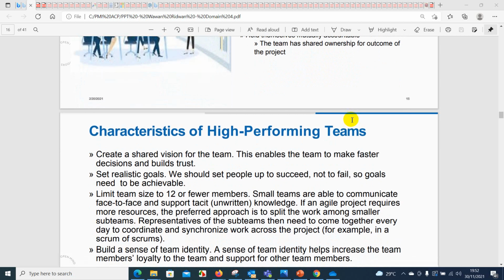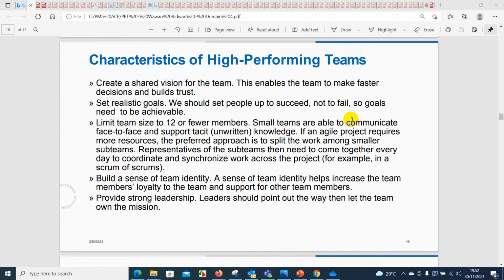Okay, characteristics of a high performing team. Create a shared vision for the team. This enables the team to make faster decisions and build trust. Then also set realistic goals, where we should set people up to succeed, not to fail. So goals need to be achievable. Limit team size to 12 or fewer members.